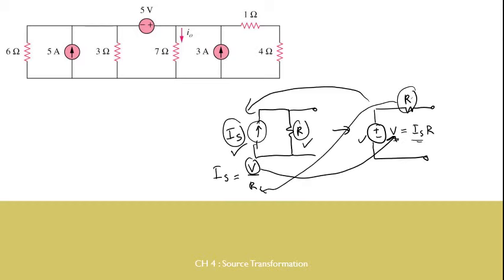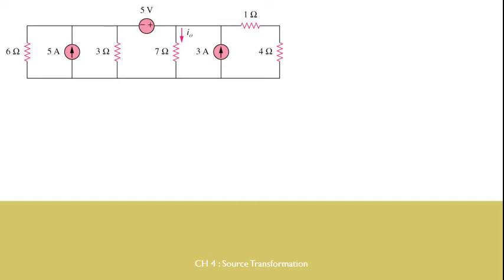Okay, so this is how you calculate your value of transformation. Okay, let's erase this one first. So the steps to do the source transformation is, if you have, let's say, this unknown I naught, this is the value of interest you're going to find in the question.